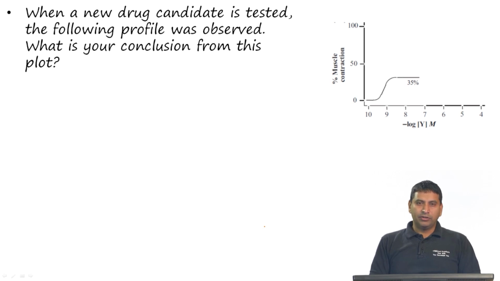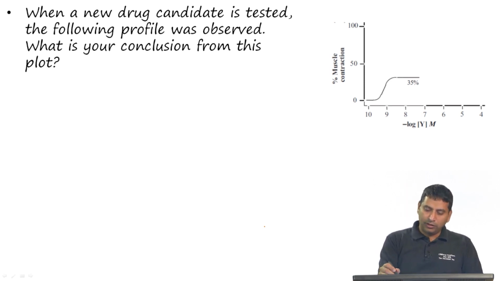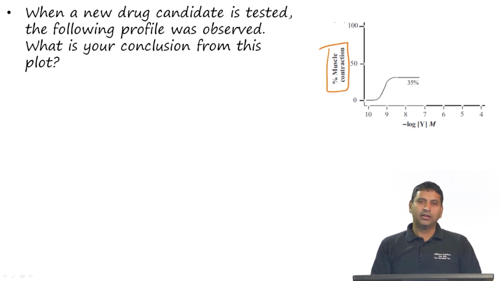So, in the next question, we will go back to our receptor binding, ligand binding. So, when a new drug candidate is tested, the following profile was observed, where you have percentage muscle contraction to be 35%. Right. So, what is your conclusion from this?